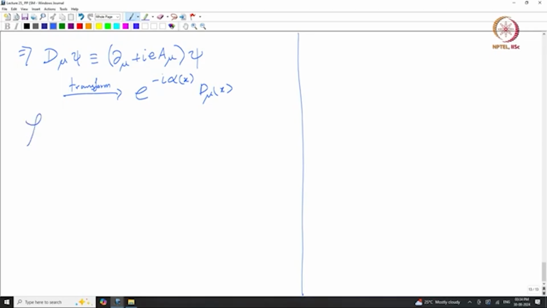So then would you agree that this is the Lagrangian? You can start again with the kinetic term for the photons plus the Dirac Lagrangian, but now with a covariant derivative.